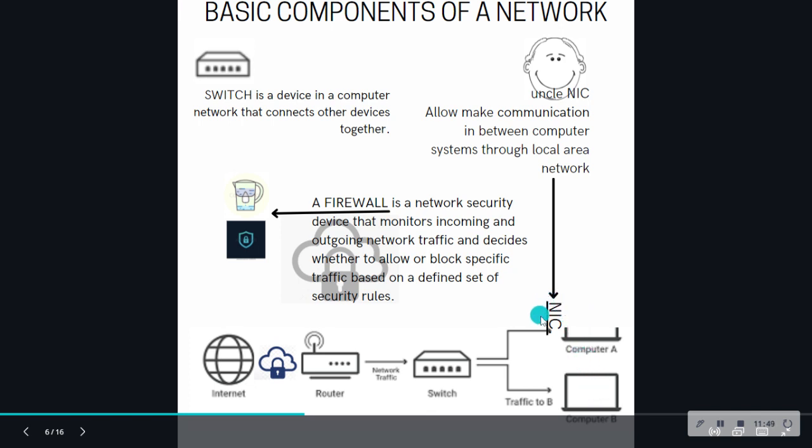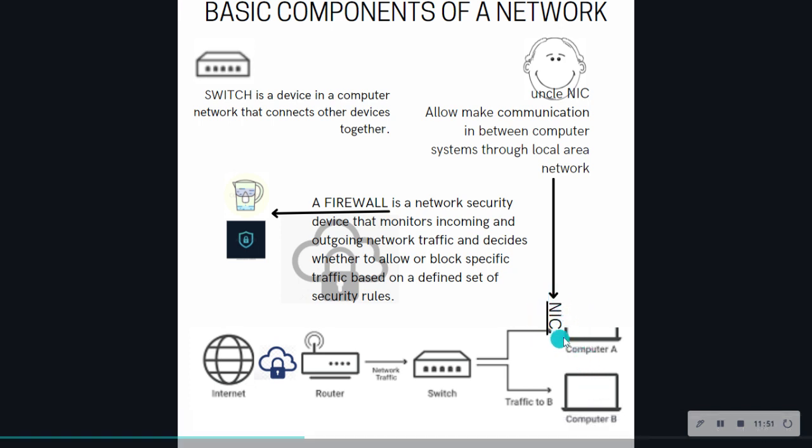You will see there's a little abbreviation called a NIC, which refers to the network interface controller. Now, I call it Uncle Nick because we all have an Uncle Nick in our family, who is the soul of our parties. We need an Uncle Nick to allow communication to happen at the parties. So please don't refer to Uncle Nick when you do have the network in front of you.